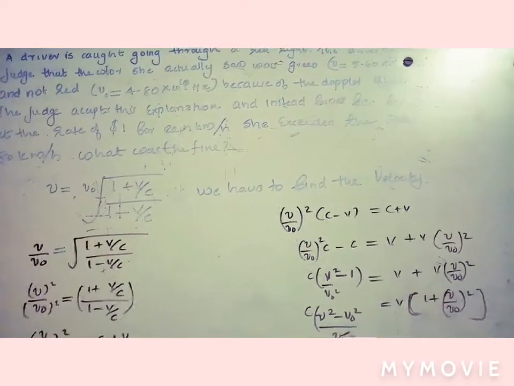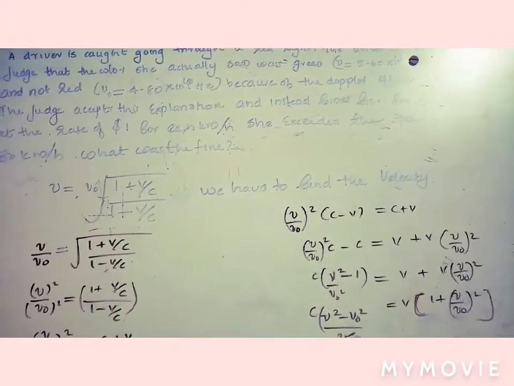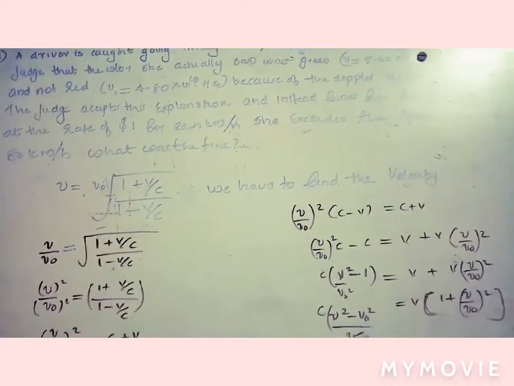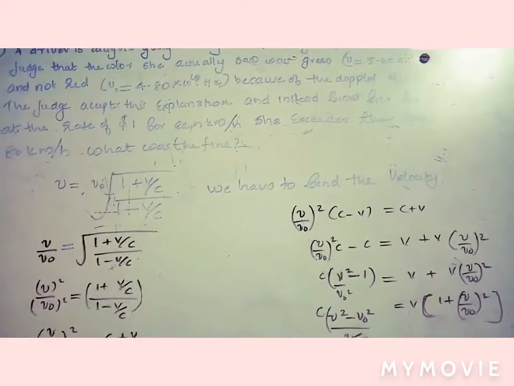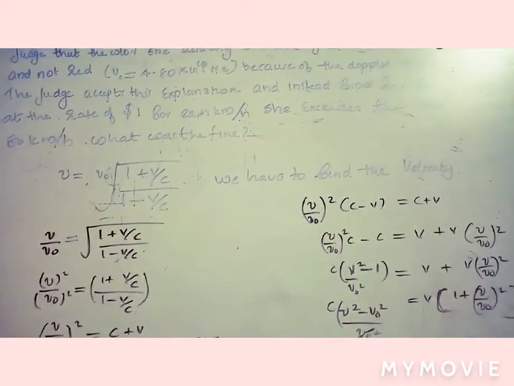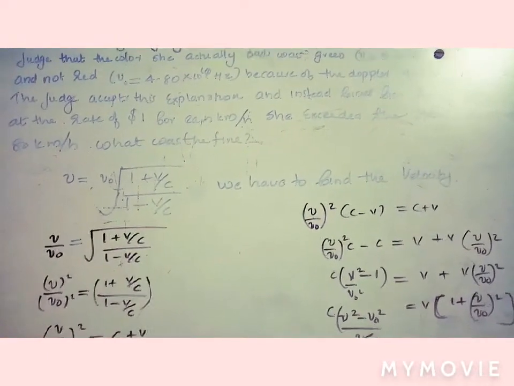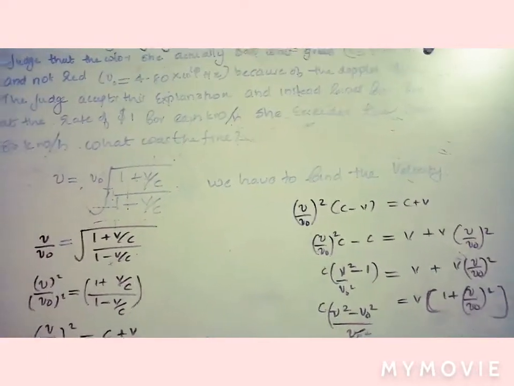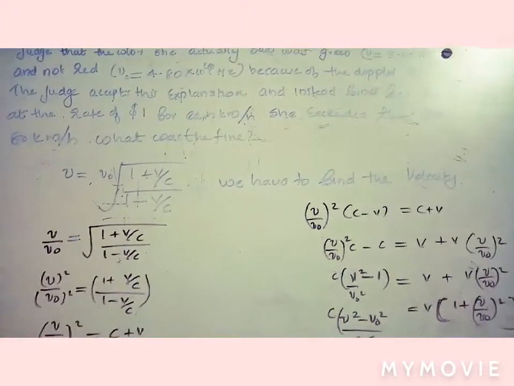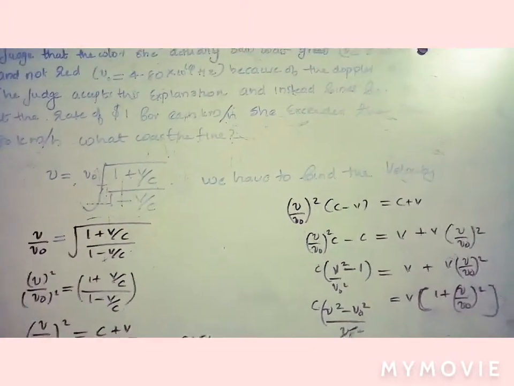What was the fine? So we have to find the Doppler effect because of the relative speed. We know that the light source is there and the observer moves towards it.